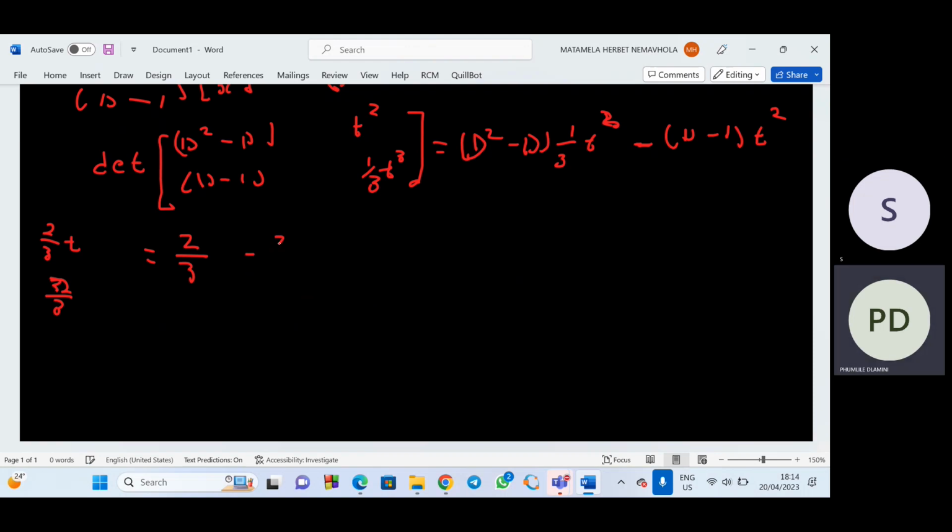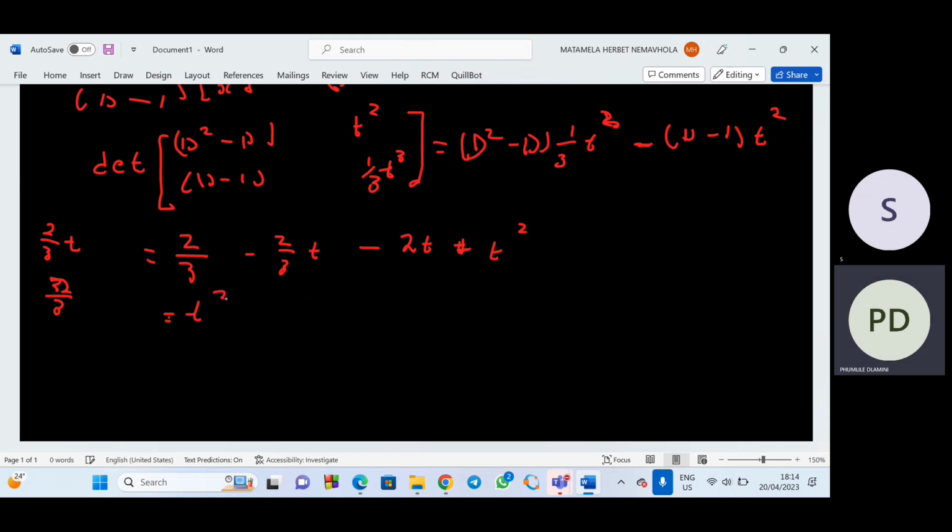We have minus 2 over 3t. Minus, we differentiate this only once. This t squared once is going to give us 2t, and then we multiply by this, negative times negative is going to be plus t squared.